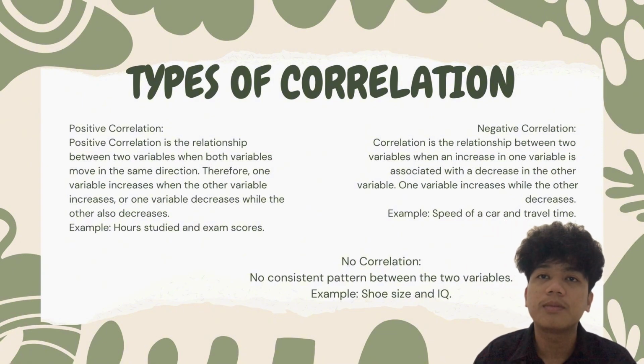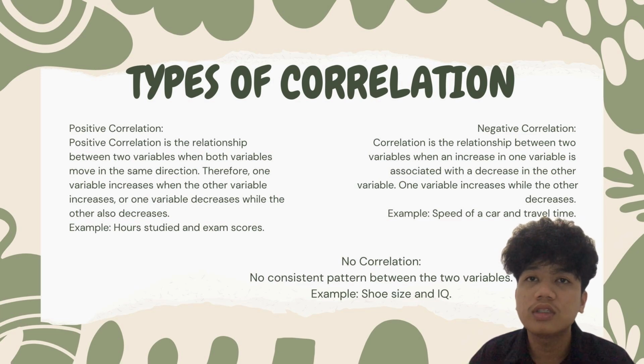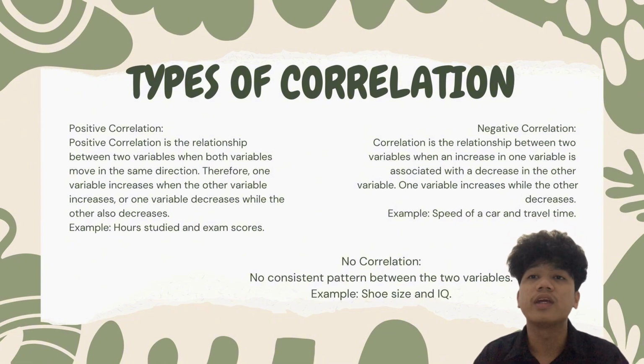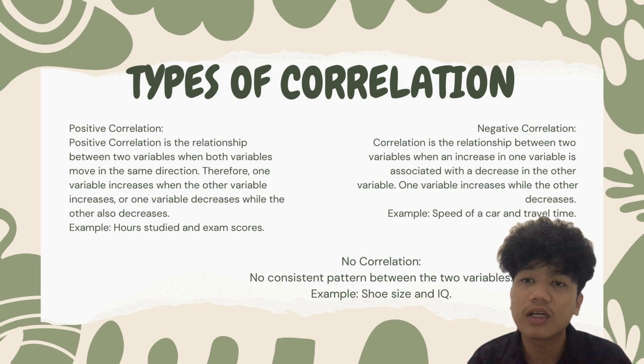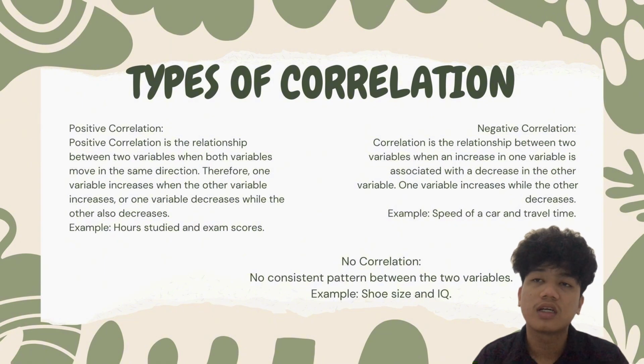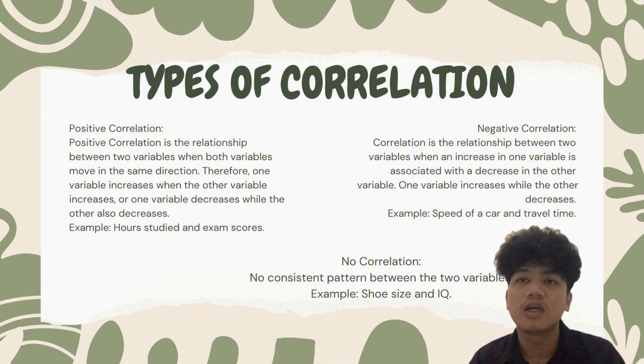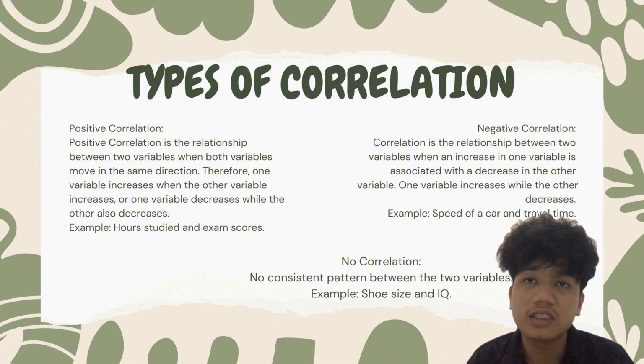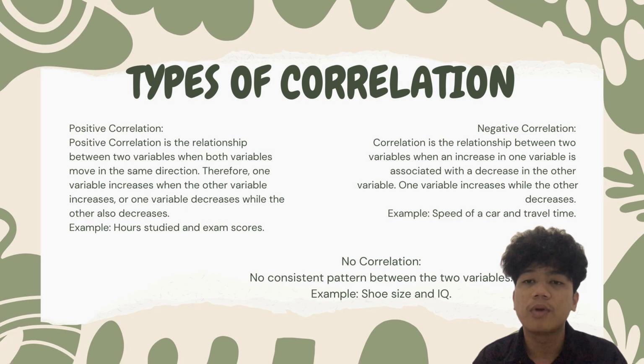Understanding correlation helps us measure the strength and direction of this relationship, allowing us to make informed predictions and decisions. While correlation does not imply causation, scatter diagrams remain essential in exploratory data analysis.